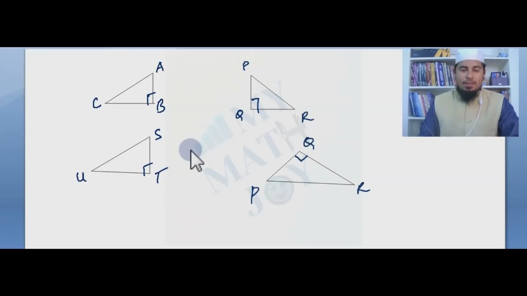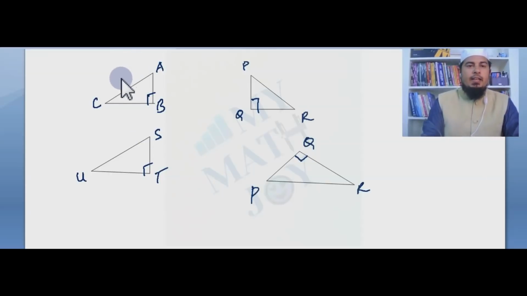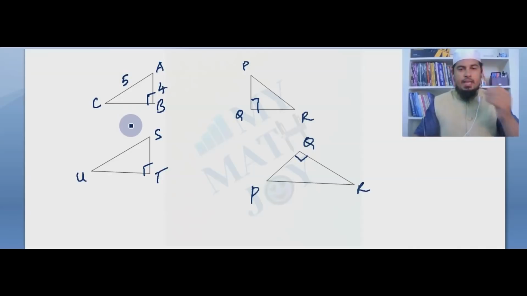When we have any two sides, we want to find the third side. Any two sides of the right angle triangle, the third side can be found with the help of Pythagoras theorem. Let us see one example. In this example, here is 5 and here is 4. We don't know BC, how to find.